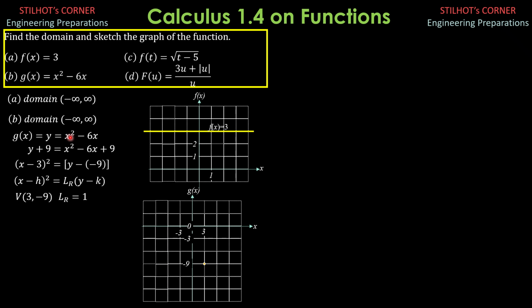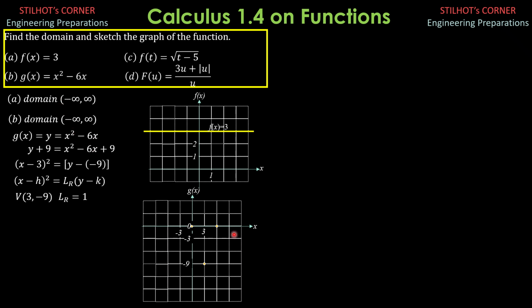So when x is 0, y is 0, it passes through here, so that's why the parabola is opened up. When x is 6, 6 squared minus 6 times 6, it is also 0 as shown. So let's plot. And when x is negative 3, for example, so this is 9, then this is minus 6 times negative 3, so 18, so 27.